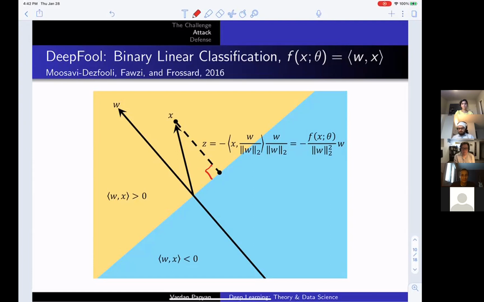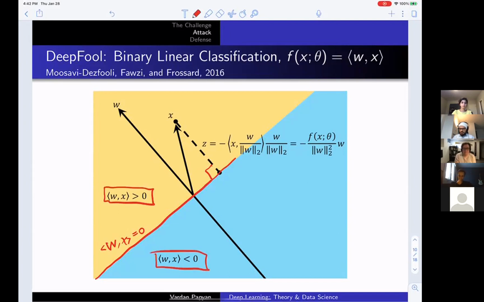So mathematically, first of all, notice that we have here a decision rule, right? This decision rule satisfies the equation W inner product with X is equal to 0. Now, if you go to the left of the decision rule, then you get Wx greater than 0. If you go to the right, you get Wx less than 0.